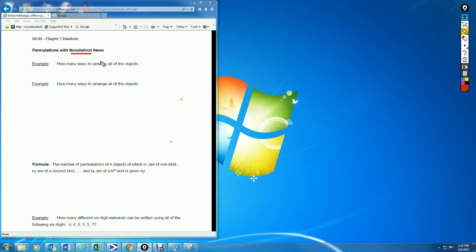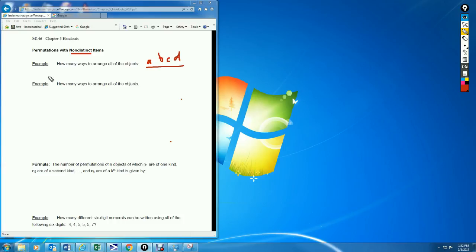So, you know, above, we did an example with the letters A, B, C, and D, right? We didn't arrange all of them. We only chose 2 at a time. But if we were to arrange all 4 of these, how many different arrangements would there be?